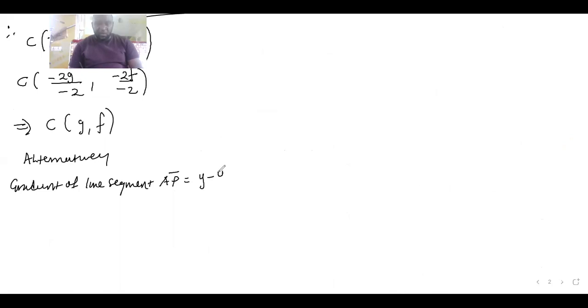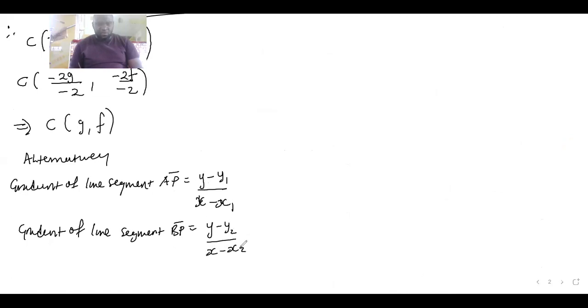So (y minus y1) over (x minus x1). Then the gradient of line segment BP is going to be (y minus y2) over (x minus x2). So if this is M1, the gradient of AP, then this is M2. Because they are perpendicular, M1 times M2 should give us -1.